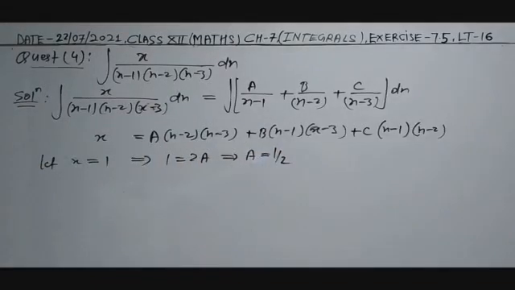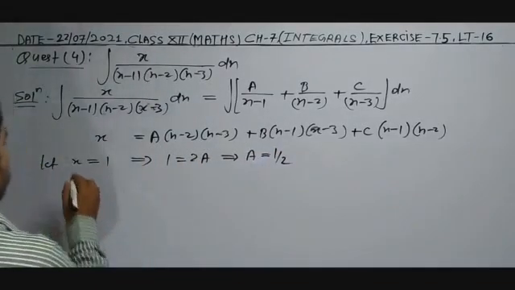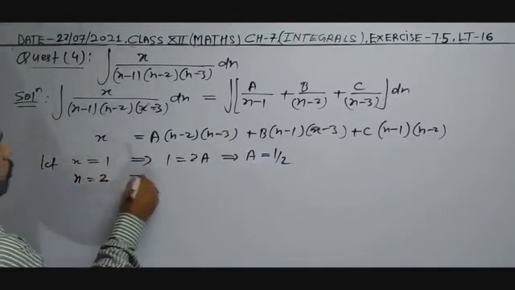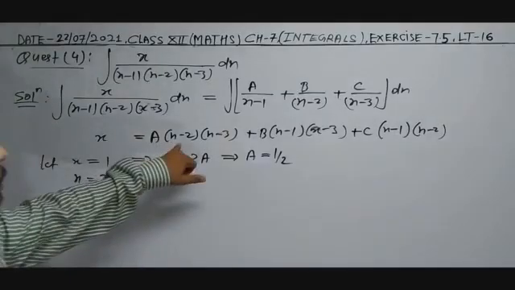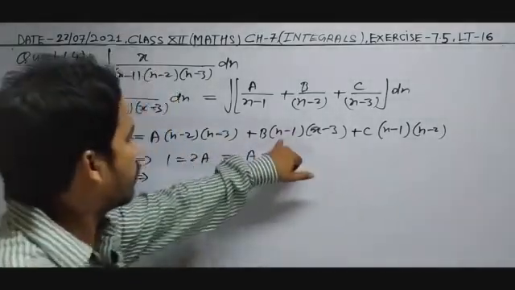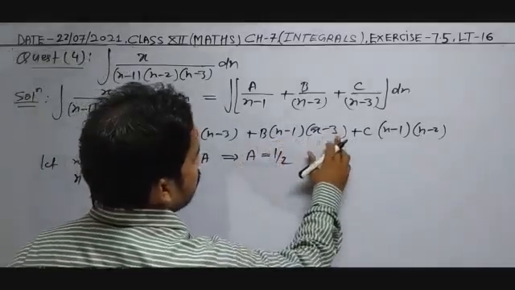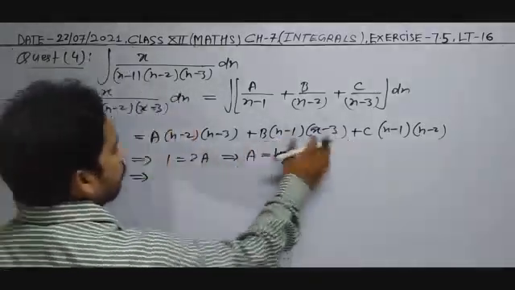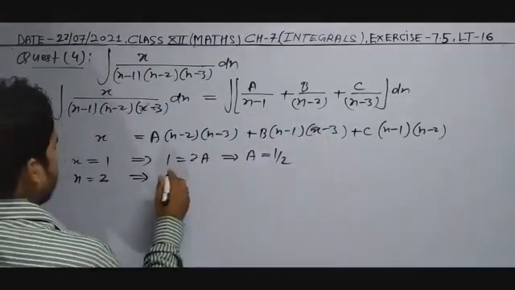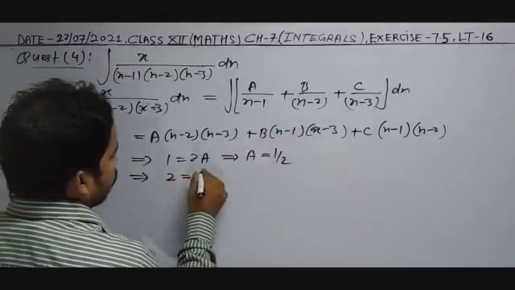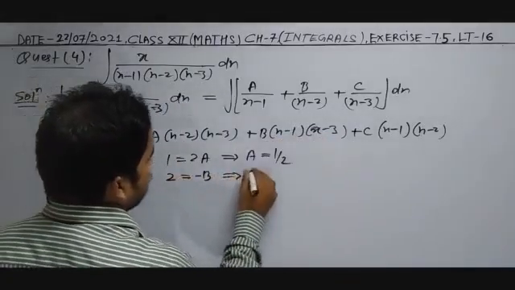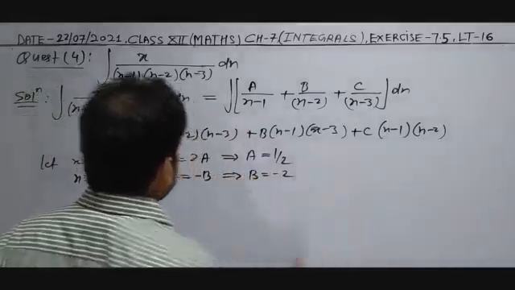Now, when you put x is equal to 2, this term will be 0, this term will be 0, and this term will be 2 minus 1, which is 1. This is minus 1. So 1 into minus 1 results in minus 1, and this is 2. So 2 is equal to minus b, and b is equal to minus 2.